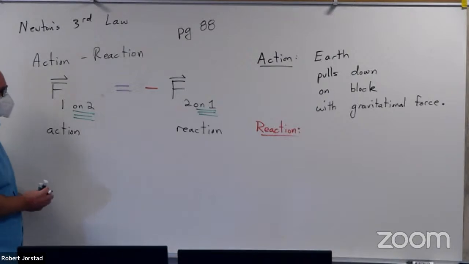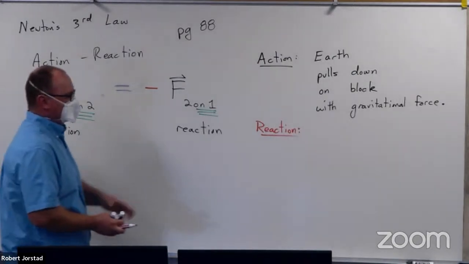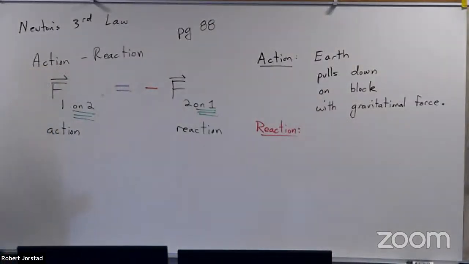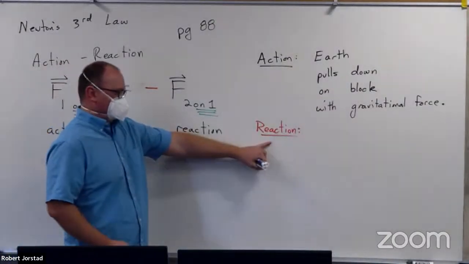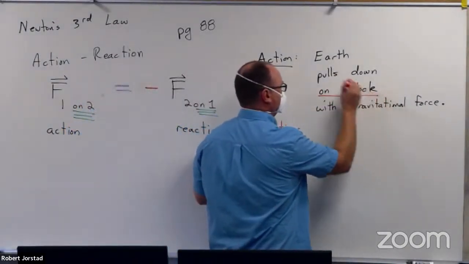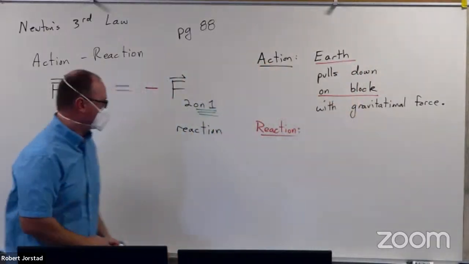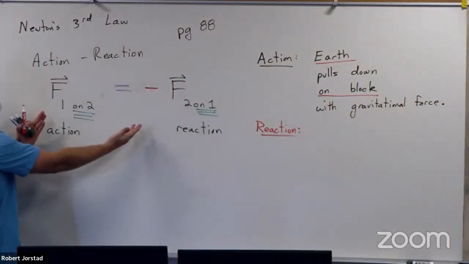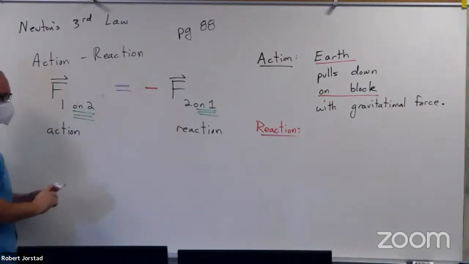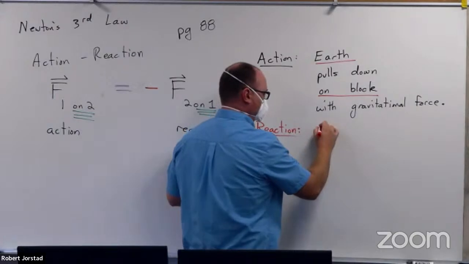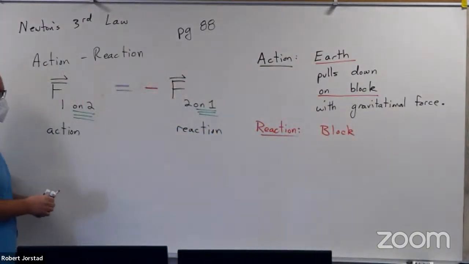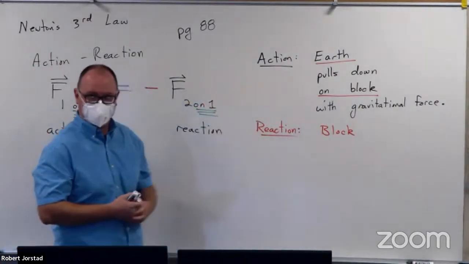Appreciate it. Okay, so again, we can write an action in this sentence form. The reaction, the trick is we look at these key things right here and look at this sentence, right, this equation is a sentence. All you have to do is flip 1 and 2. So let's start with block. Now, what is going to be the opposite of pulling down?